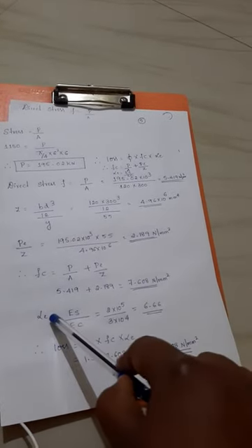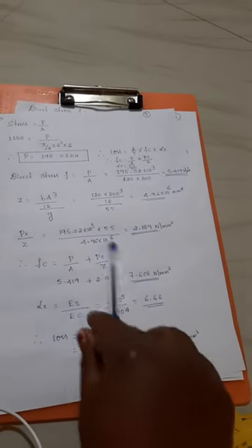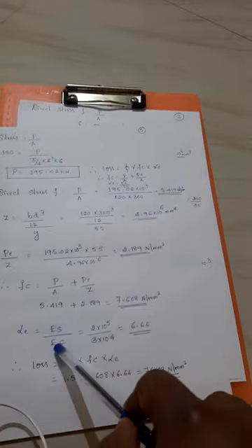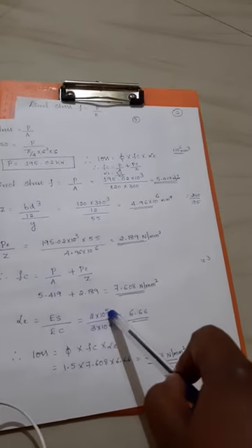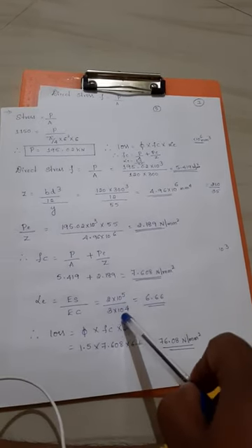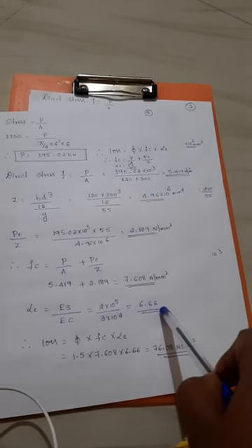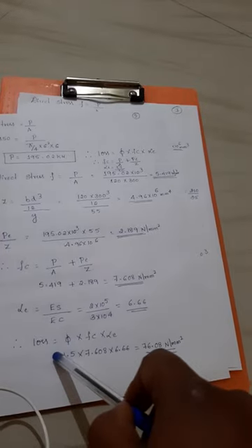Now calculate your modular ratio, alpha e. It is the ratio of Young's modulus of steel to Young's modulus of concrete, that is Es by Ec. Es is given in the question, 2 into 10 to the power of 5, and Ec is also given. So your alpha e value will be 6.66. Now calculate the loss.